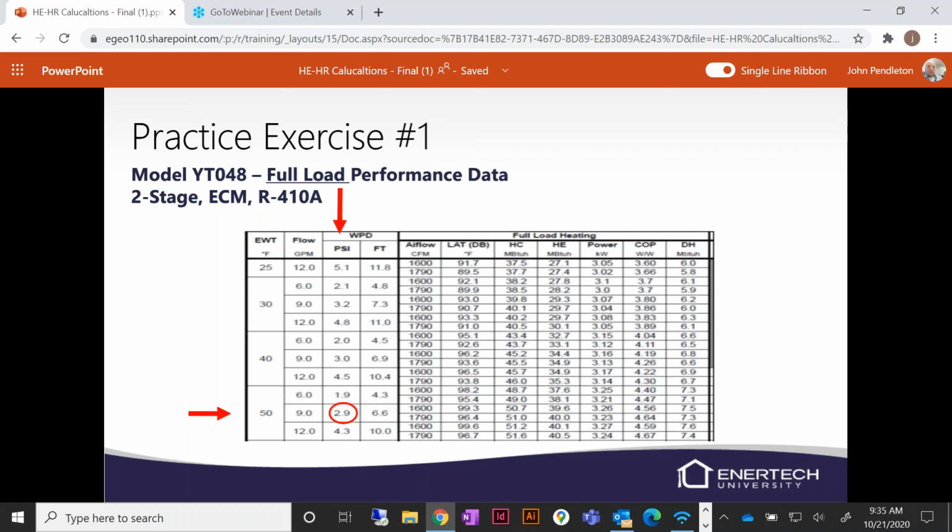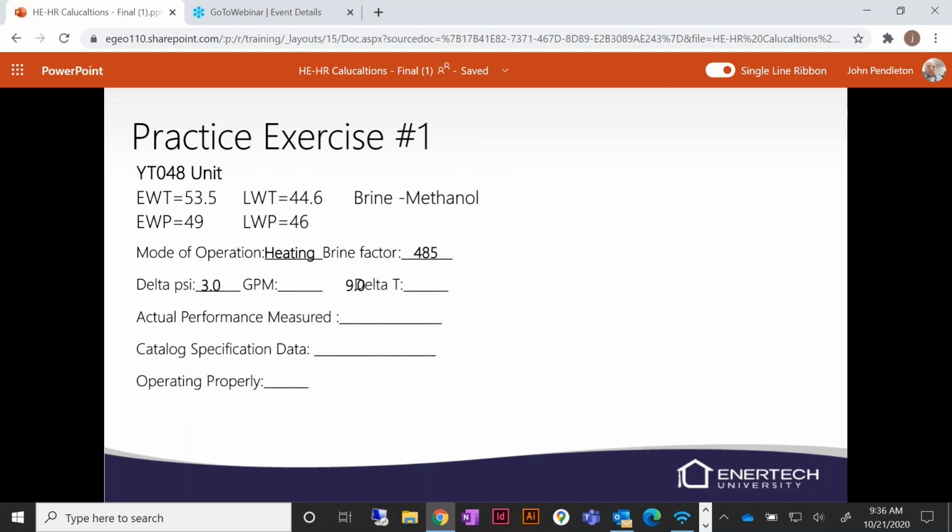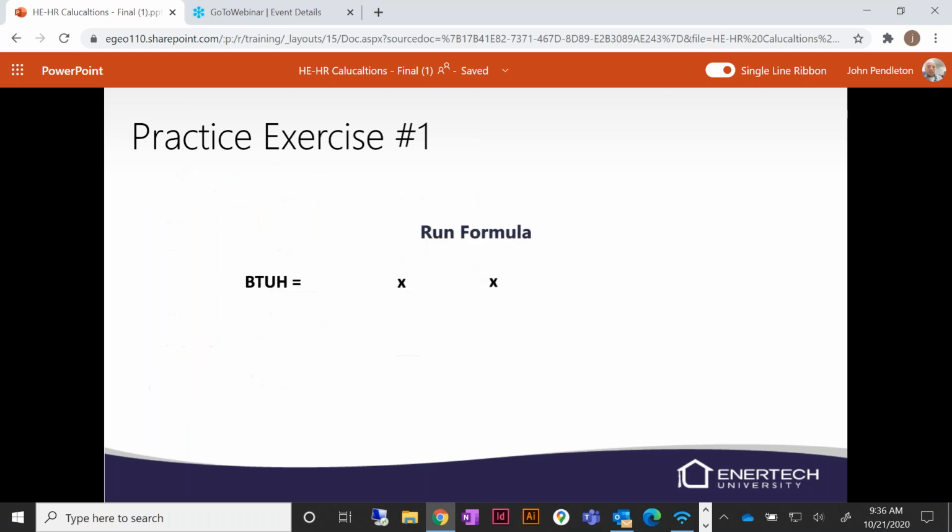So at 2.9, that's 9 GPMs. That's pretty close to where we are. So we are at 9 GPM. Now that we know that, we know our temperature difference. So we run the formula, 9 GPM times our temperature difference of roughly 9 times our brine factor, that 485, because we've got antifreeze in the water.